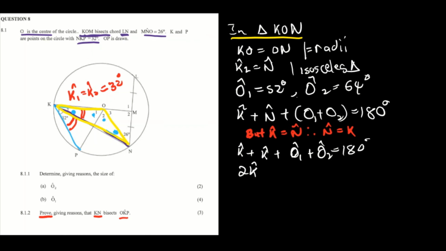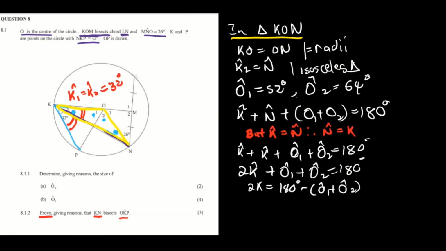So it's 2K plus O1 plus angle O2 is equal to 180 degrees. So it's 2K is equal to 180 degrees minus (angle O1 plus angle O2), and then you divide by 2. So angle K2, remember it's angle K2, just to correct that, is equal to 180 degrees minus what is O1?